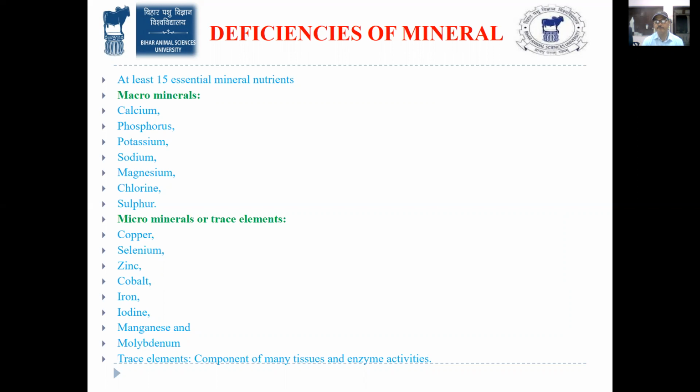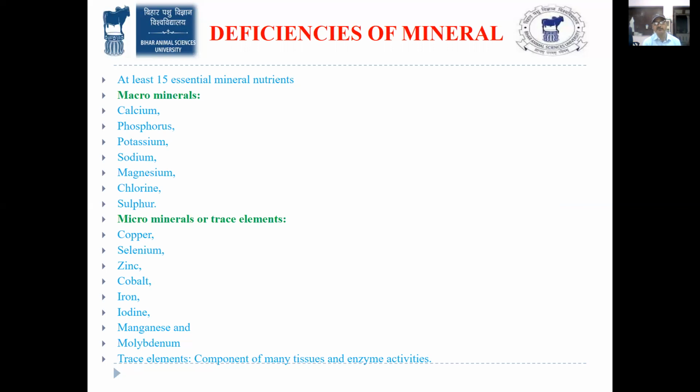In the segment of macro minerals, calcium, phosphorus, potassium, sodium, magnesium, chlorine, and sulfur are the macro minerals whose deficiency causes severe deficiency syndrome, and death may occur in severe conditions. There are also some micro minerals or trace elements such as copper, selenium, zinc, cobalt, iron, iodine, manganese, and molybdenum.